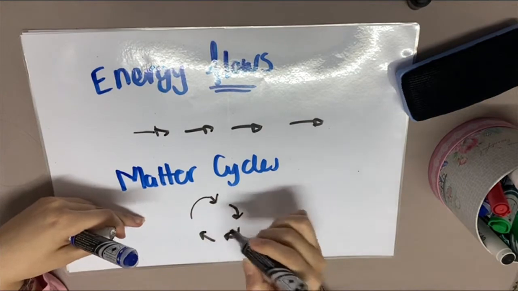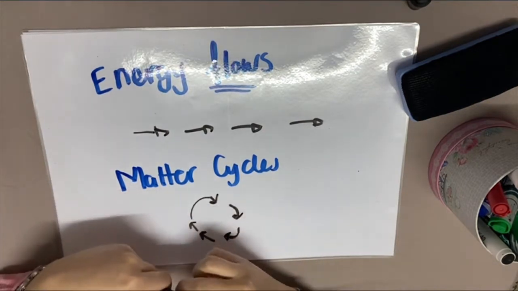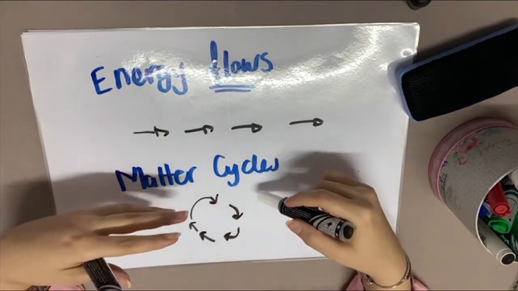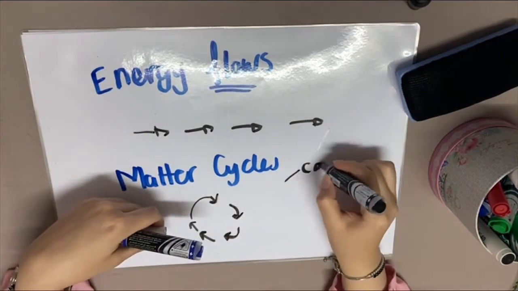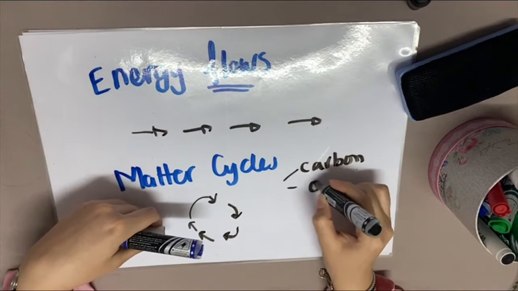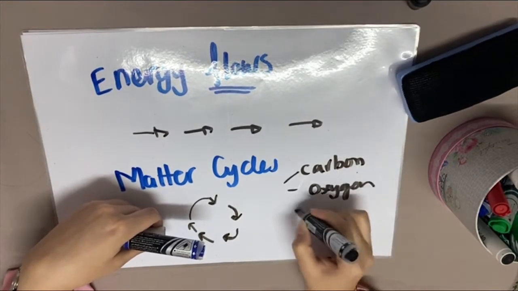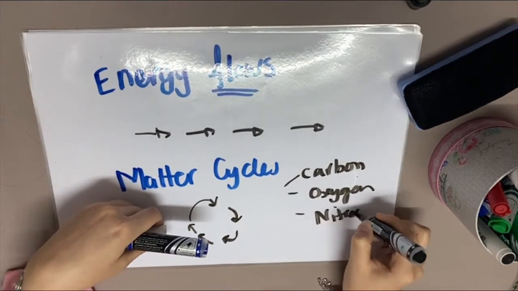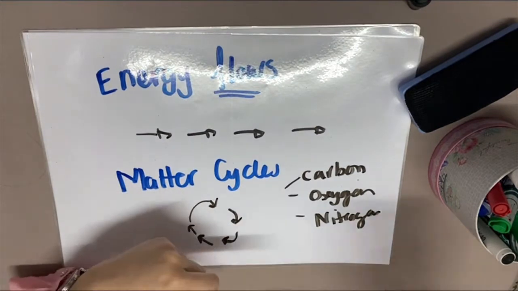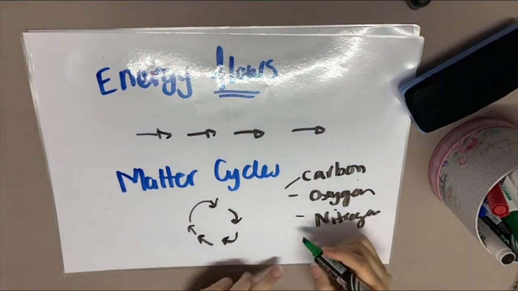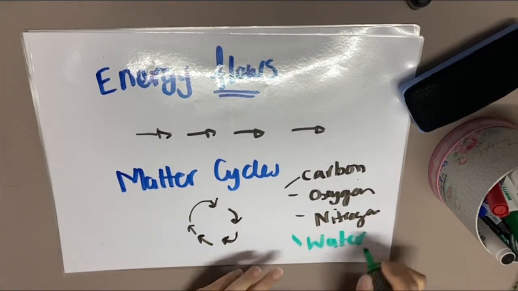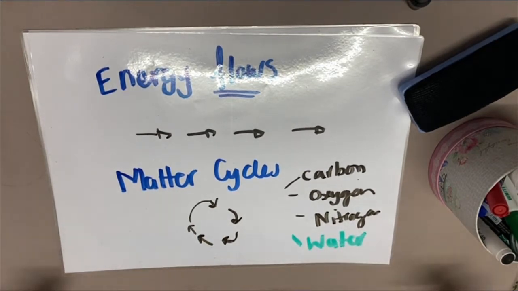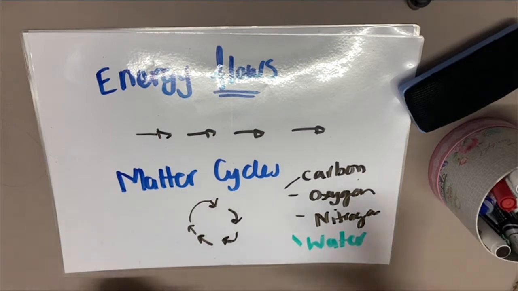It goes in a loop, goes back to its original place at times. Matter like what? Elements, carbon, oxygen, nitrogen, and most importantly, the one we're actually discussing is water. All these are matter that cycle in an ecosystem.